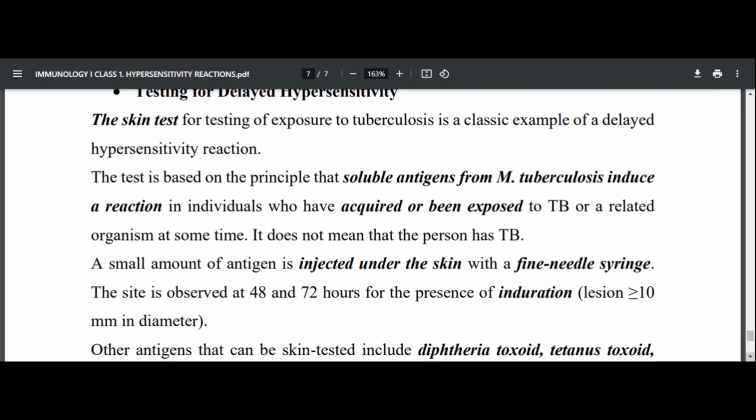If we are able to see swelling of greater than or equal to 10 millimeter in diameter, that is going to give us a clue that this person probably has TB or has been exposed to TB at a certain time.